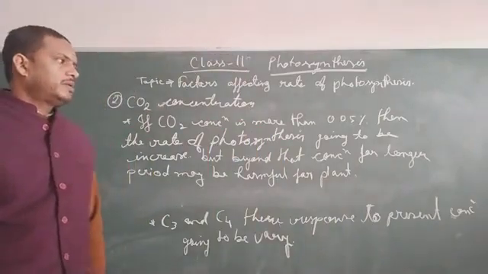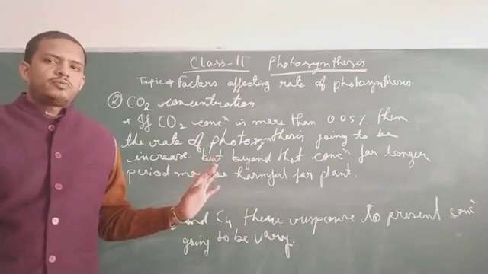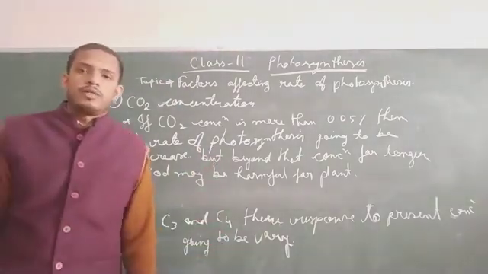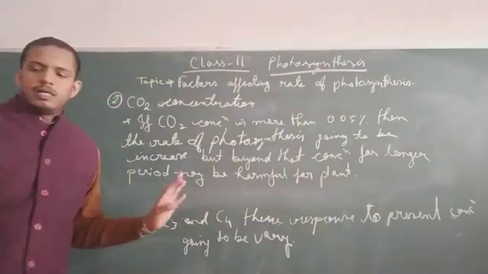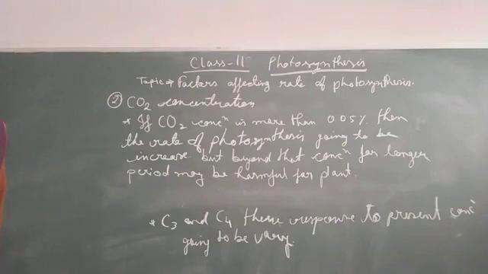Means if the carbon dioxide concentration is more than 0.05% for a long period, then it may be harmful. So this is the thing, and a few more things we can see.